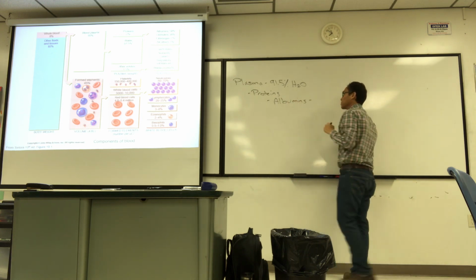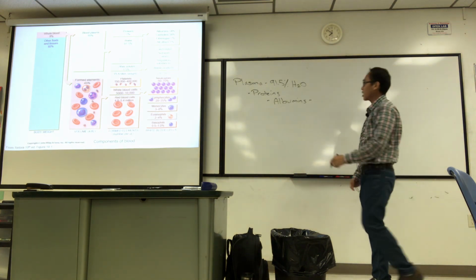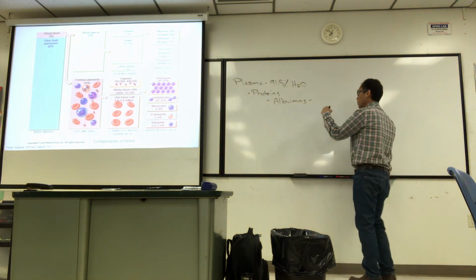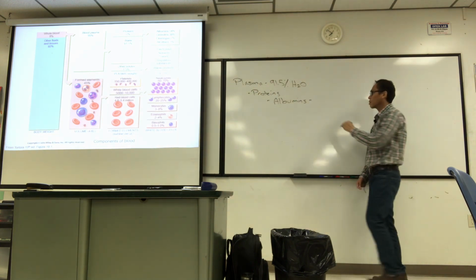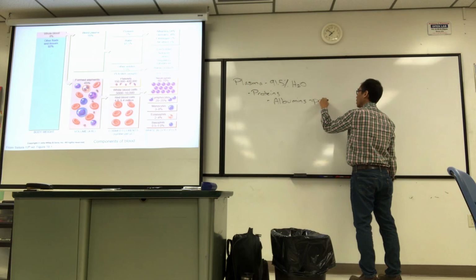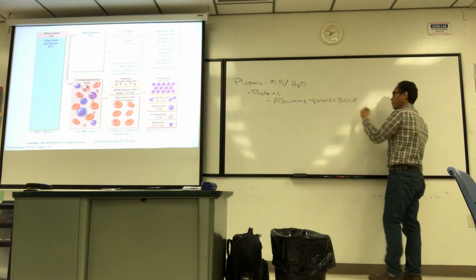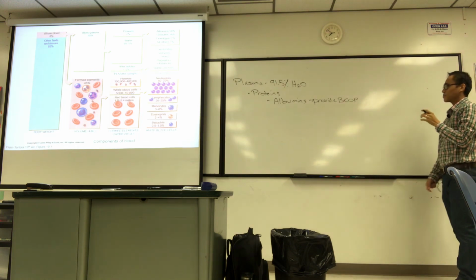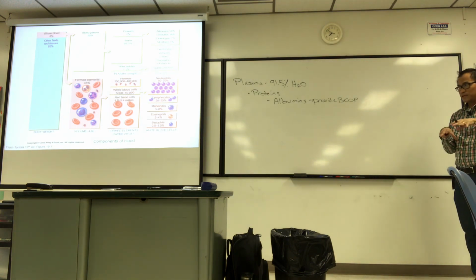The albumins in the plasma provide oncotic pressure, the blood colloid osmotic pressure. I called it BCOP before. I don't want to write it out, just that's from before. The blood colloid osmotic pressure is the pressure that allows fluid to be retained within the blood compartment.